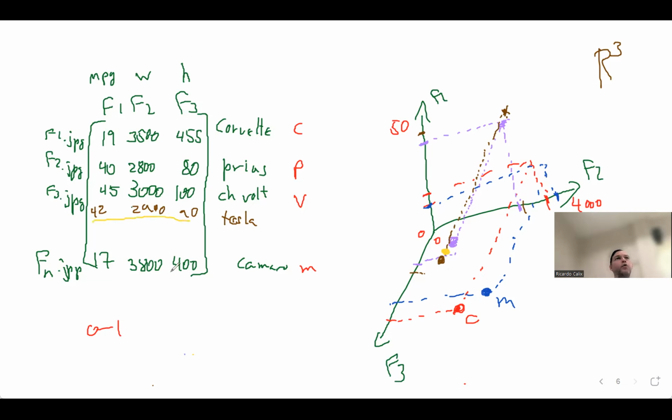So you need to calculate the distance between the yellow and that, the distance between the yellow and that, the distance between the yellow and that, and the distance between the yellow and that. That's going to give you 4 distances. Then what do you do? You sort them from shortest to longest, and you pick the top K, whatever they are.